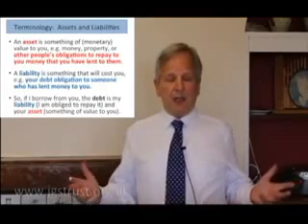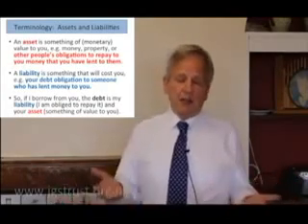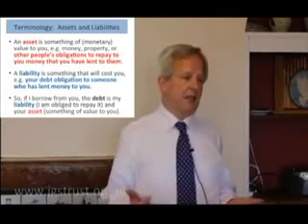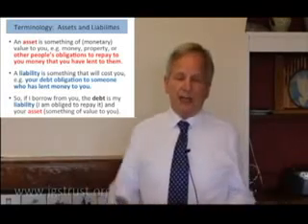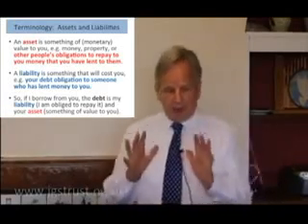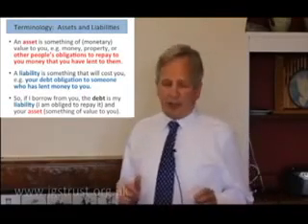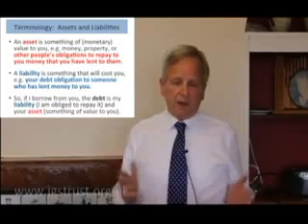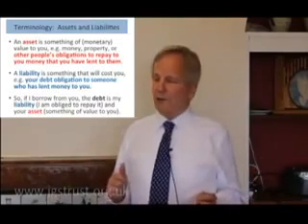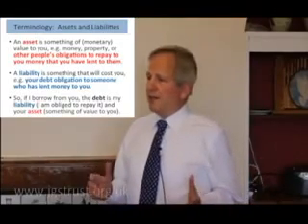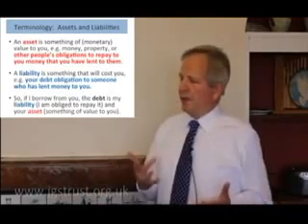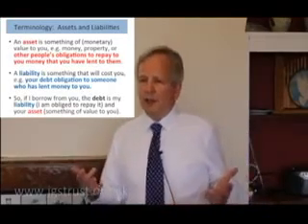So, assets and liabilities. An asset, in our context, we're talking about monetary assets. Obviously your family is an asset to you, but we're narrowing down to monetary stuff of value, and it can be property, but it also can be bonds or debts, other people's obligations to pay you money at some time in the future.